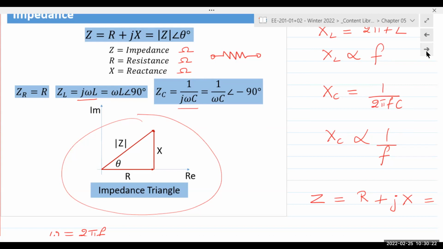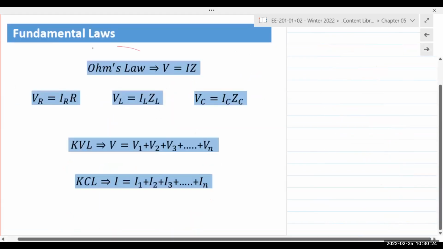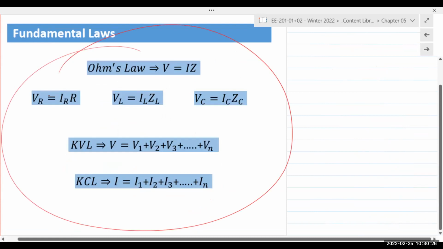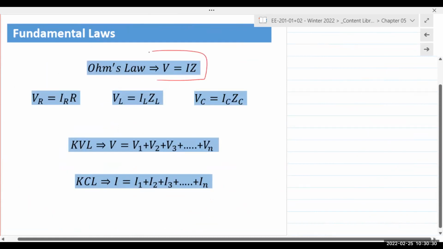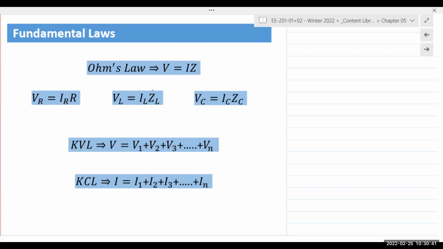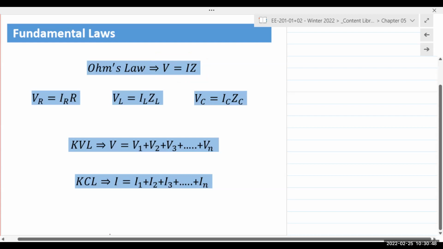You can apply all of your techniques and all the equations that we learned earlier. Ohm's law is V equals IZ for AC circuits. For DC, we learned V equals IR. Z takes the place of R because you are now representing a complex quantity. So VR simply becomes IR times R. VL, instead of being the derivative of the current, is simply the product of the current and the impedance.